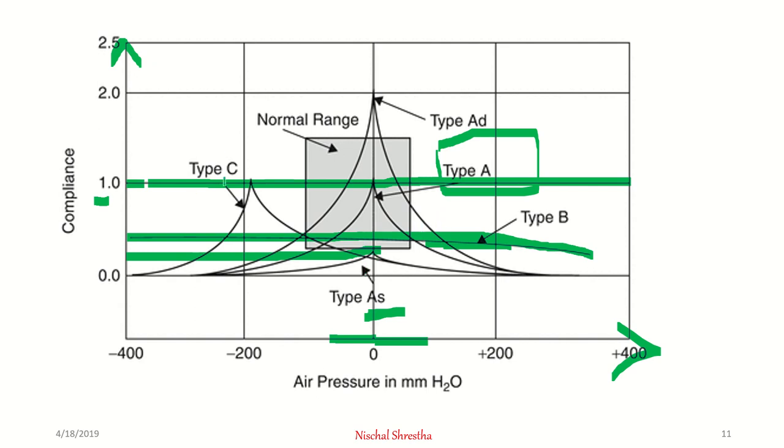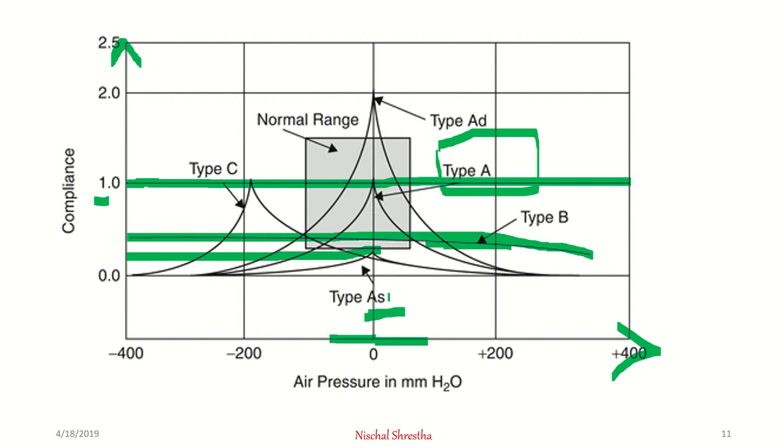And in type C, first look at this AD type. D means discontinuity. Discontinuity of the ossicular chain means the tympanic membrane is now more free, so it can move more. So compliance has increased, but the eustachian tube condition is normal, so pressure is in the normal range. And in type C, compliance is in the normal range, means TM condition is normal, but the pressure has decreased more in the negative direction, means eustachian tube blockage has occurred.